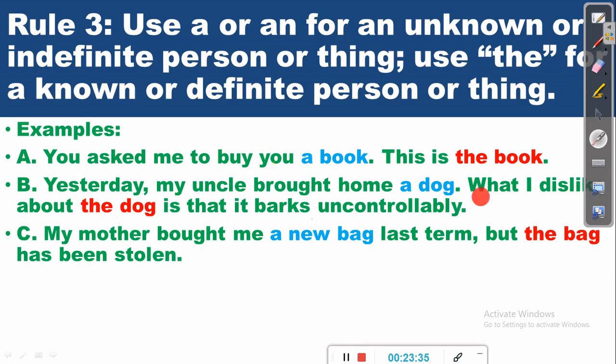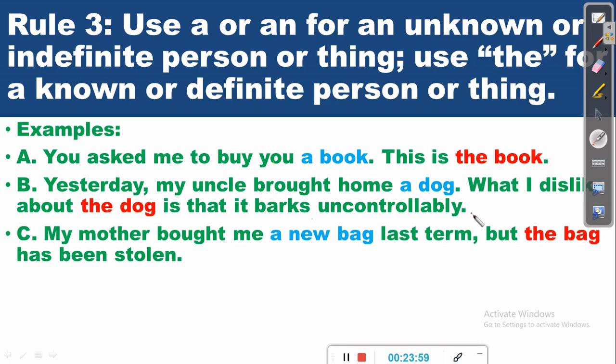And we can say what I dislike about the dog. Which dog? The one my uncle brought home yesterday. What I dislike about the dog is that it barks uncontrollably. All right, so you can see the rule applied quite clearly here.